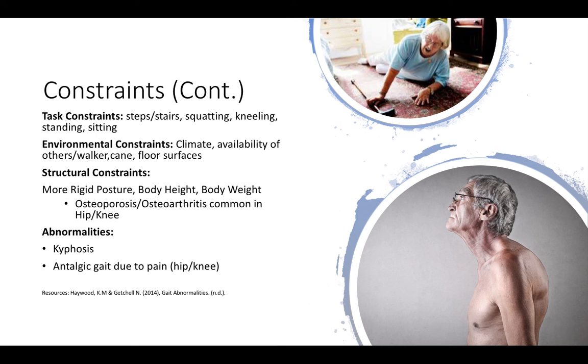And then common abnormalities we see with the elderly is kyphosis, as you can see here with this older gentleman. It's a rounding of the thoracic spine, and it's a degeneration, typically accompanied with weakness of the muscles.